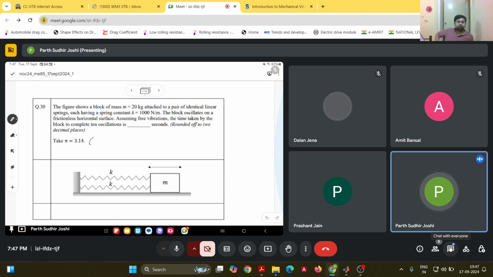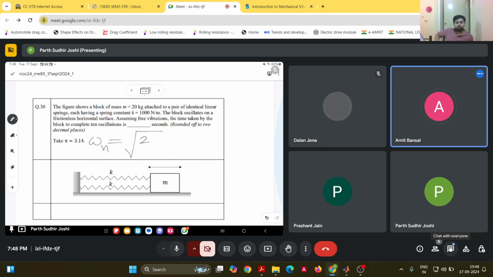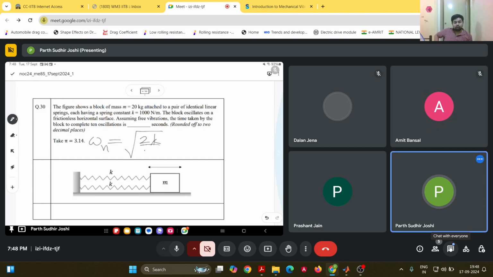So what will be the natural frequency here? It will be root of 2k by m, because the springs are in parallel. So which is 2000 by 20, which is 10 radians per second, right?